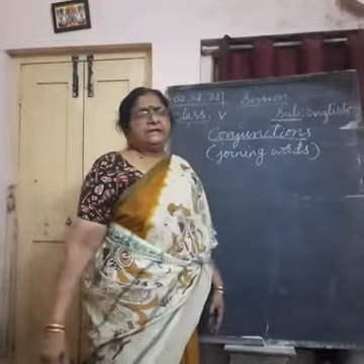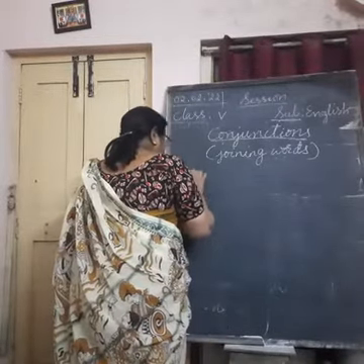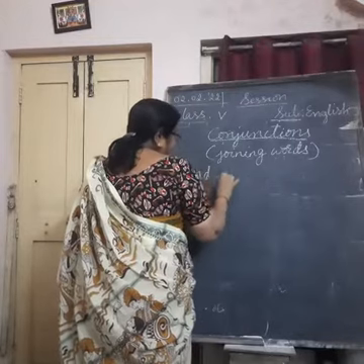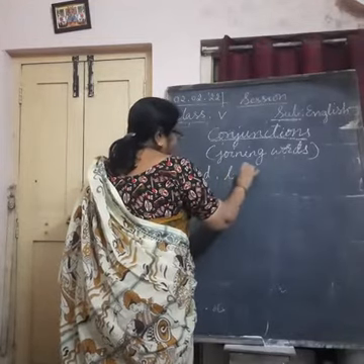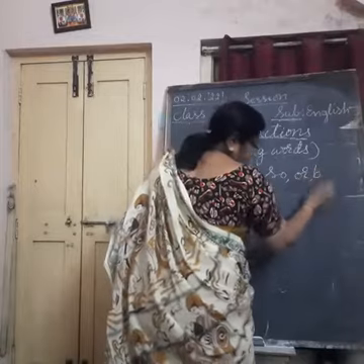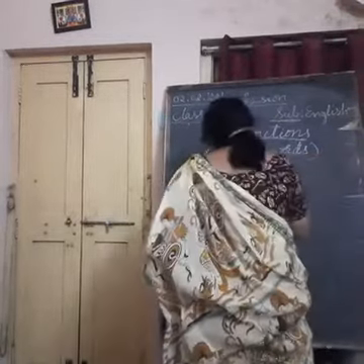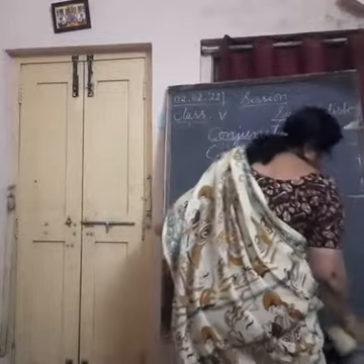For today's studies we are going to take a few conjunctions: and, but, so, or, and because. These are the conjunctions we are going to study about. Only these, nothing else.